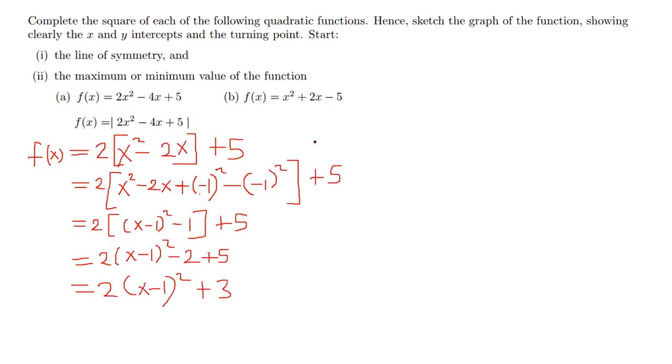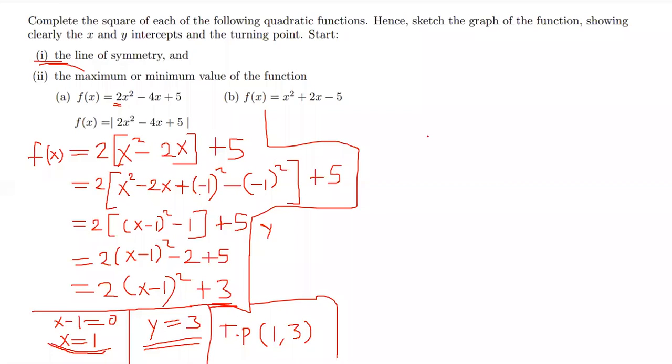So we now go into finding the, okay. So the y-intercept is just simply equal to this 5 here. That's the y-intercept. So meaning the curve is going to cut the y-axis at positive 5.